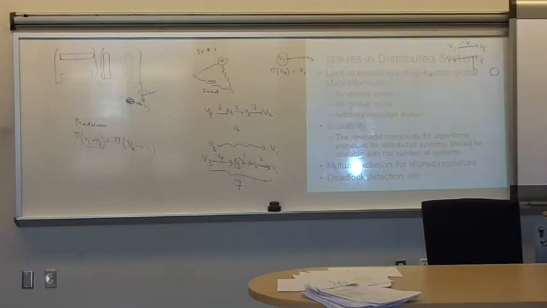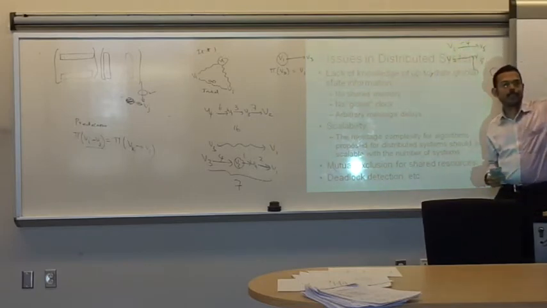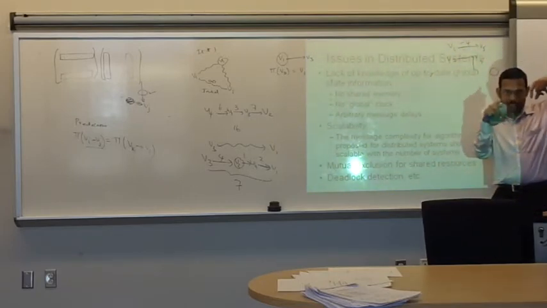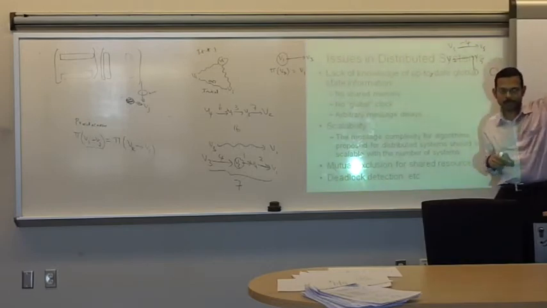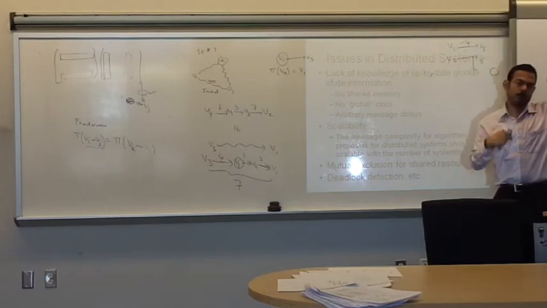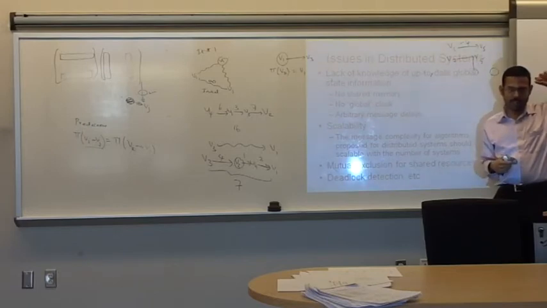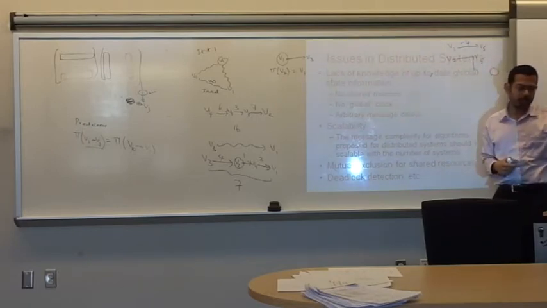It's a collection of computers, so each computer has its own clock value. Even though you can say the clock value is the same to the minute precision, you cannot say all the clocks show the same value, because each computer's clock can drift. Drift means the rate at which things change can differ by a slight amount.